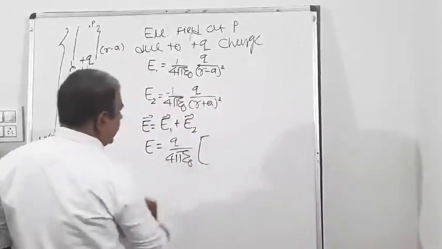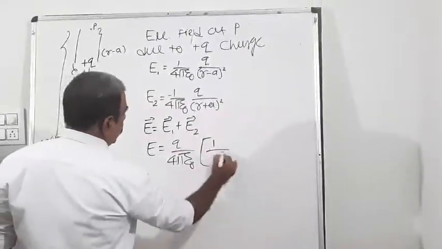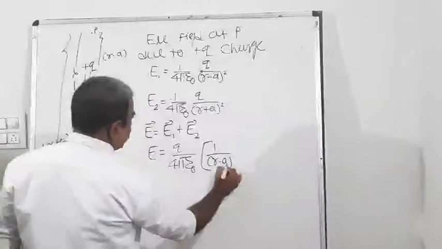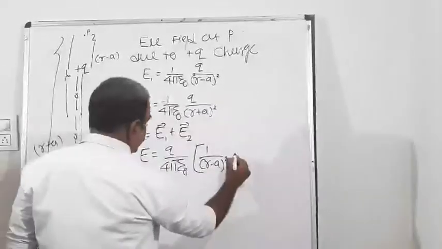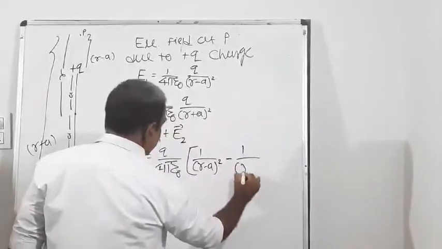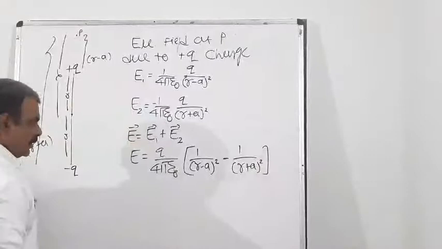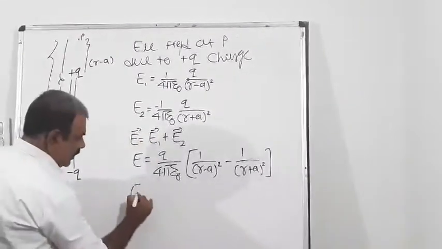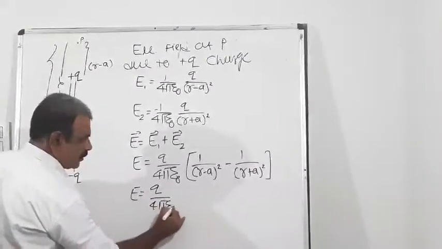Then inside the bracket, what we are having? 1 upon (r minus a) the whole square minus 1 upon (r plus a) the whole square. So it will be E is equal to Q over 4 pi epsilon 0.